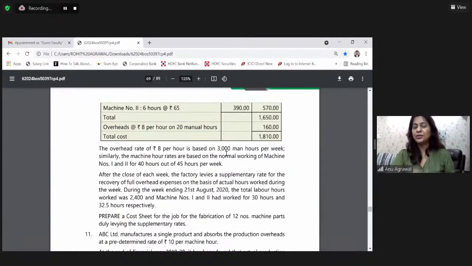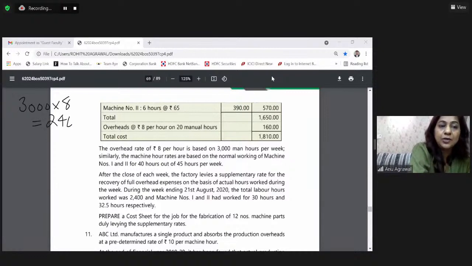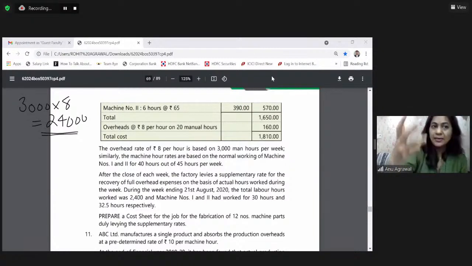But actually you worked for 2,400 hours. So if you worked for 2,400 hours, that means 2,400 into 8. You recovered how much? As per this, 3,000 into 8, your overheads must have been 24,000. That is why the recovery rate was 8.